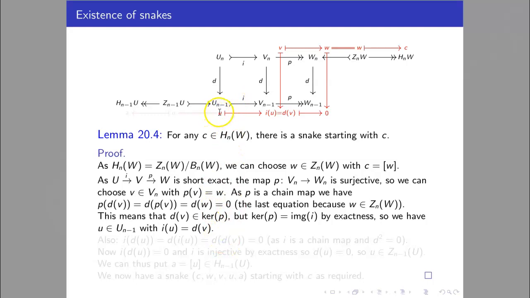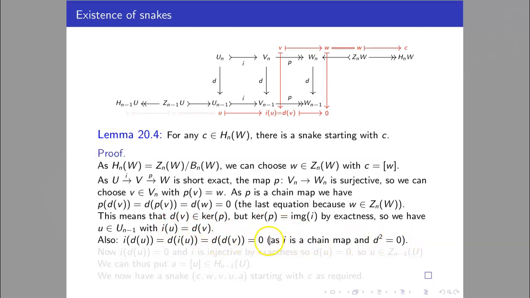So we want to ask ourselves whether du is really equal to 0. Well, if we look at I of du, then because I is a chain map, that's the same as d of Iu, but Iu is equal to dv. That was how we chose our u here. So this d Iu is ddv, but d squared is 0.